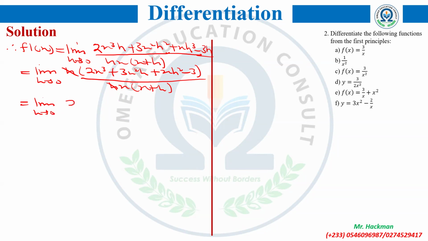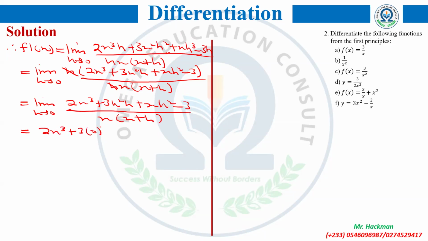Now you are going to get 2x cubed plus 3x squared h plus x h squared minus 3, all over x into x plus h. Now direct substitution is allowed because if you substitute, your denominator will not be 0. So once I substitute, the limit goes.